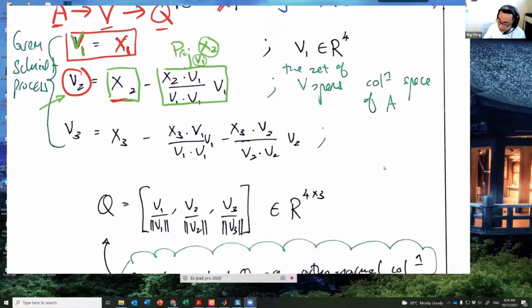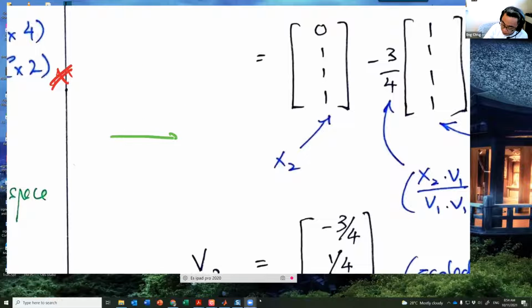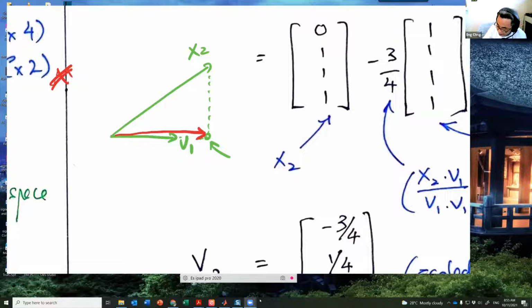I should draw a diagram. Let me draw a diagram for you. If this is V1, this is x2, I am projecting this vector onto V1. This vector here is the projection of x2 onto V1. What about this vector? This vector is orthogonal. So I'm interested to get this vector and set it as V2.